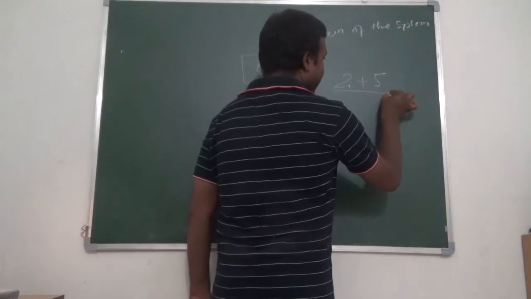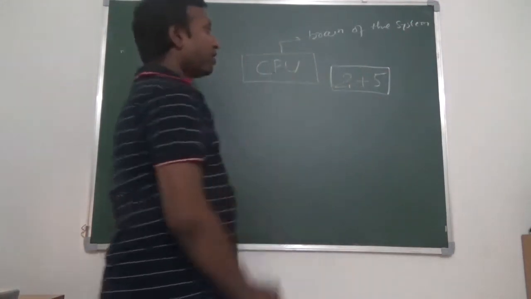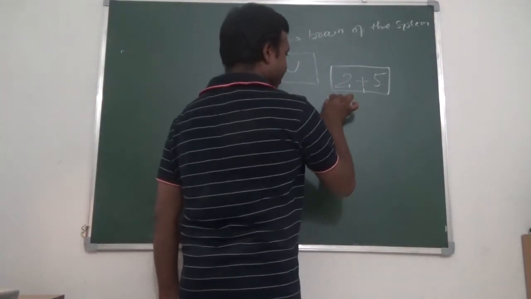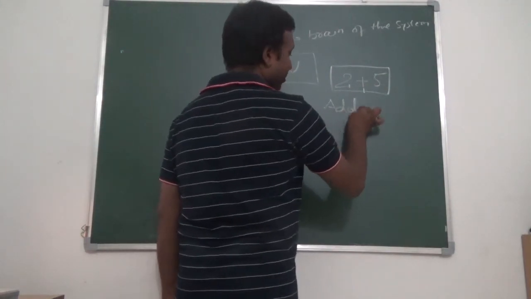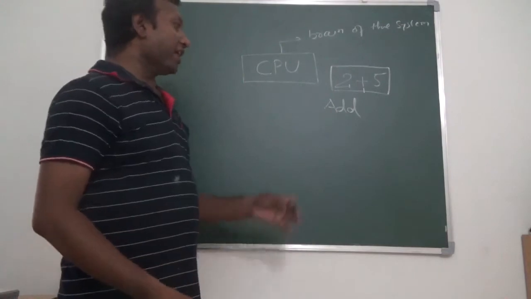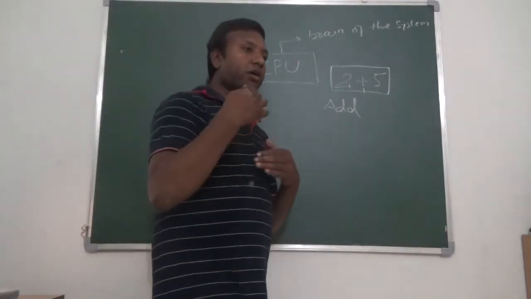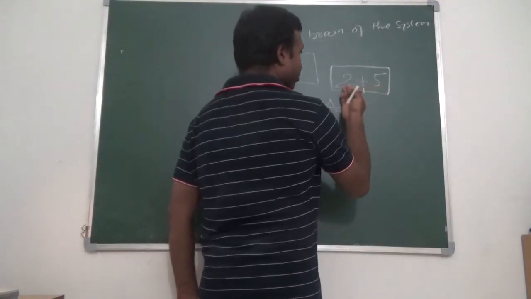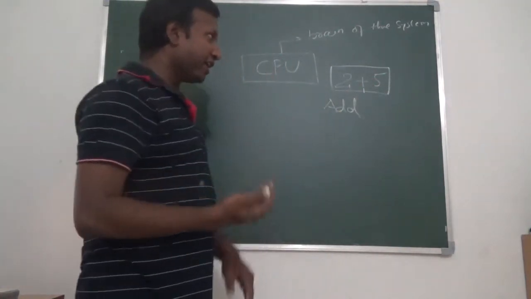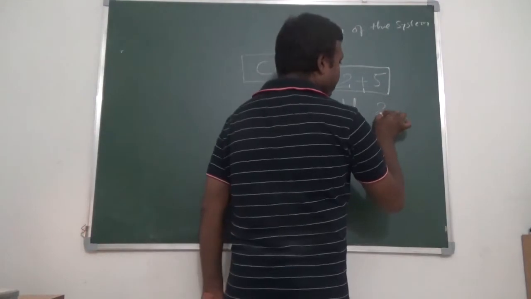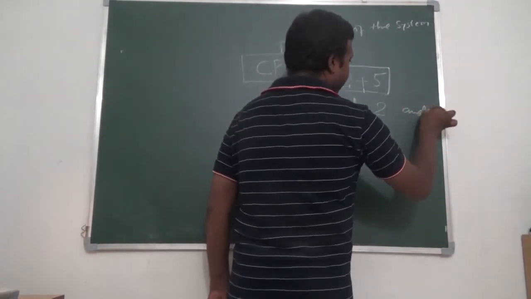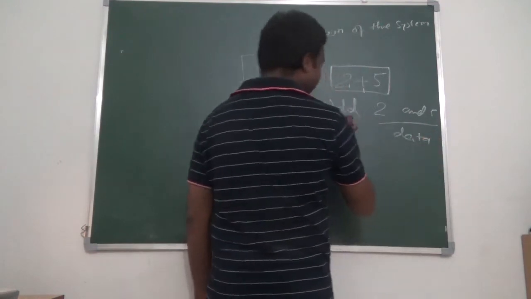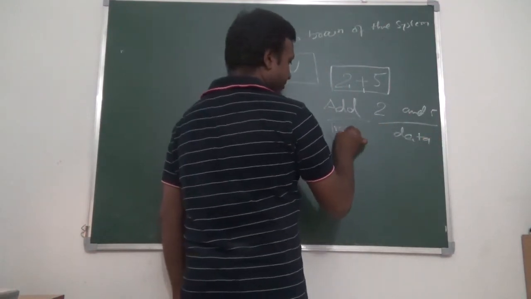I want to add two things, 2 and 5. So the instruction here is add, but add is not the complete thing. We actually want to add two things, 2 and 5. So the associated data is 2 and 5. These are data, and this is the instruction.